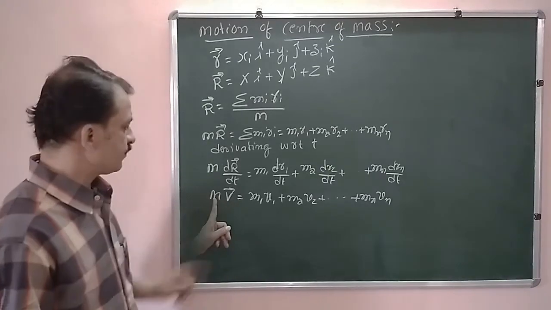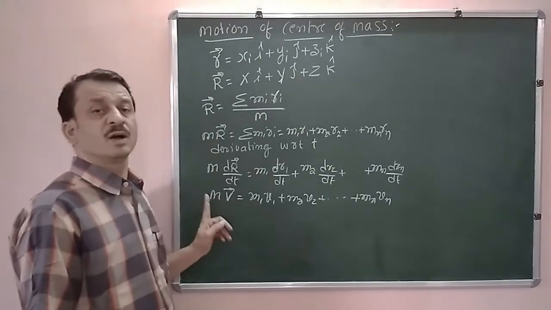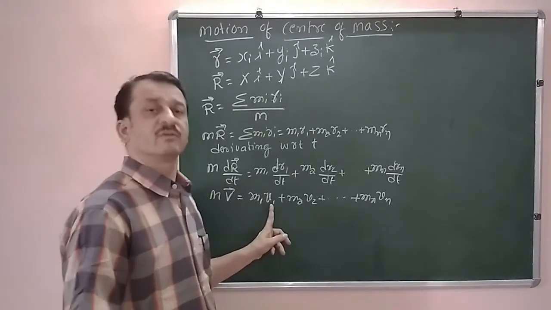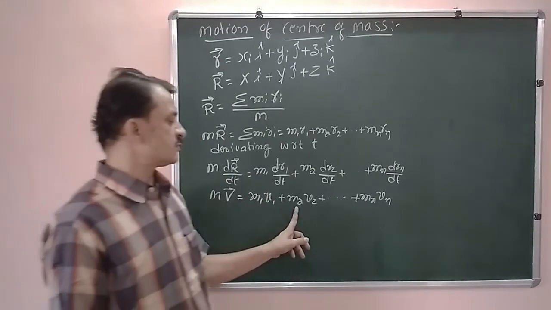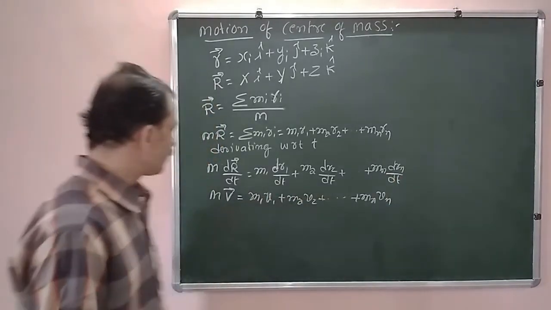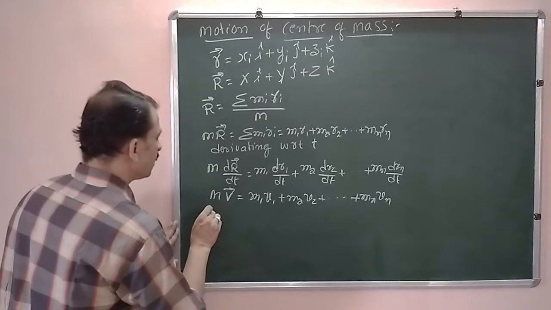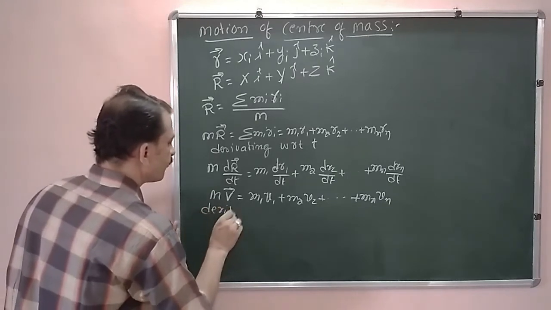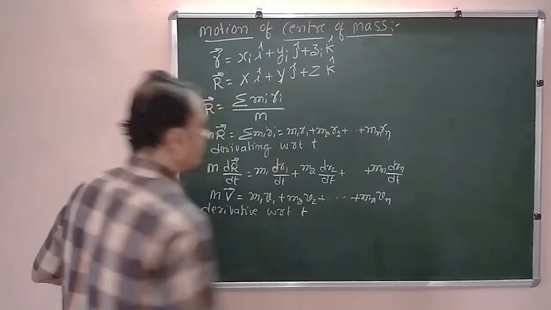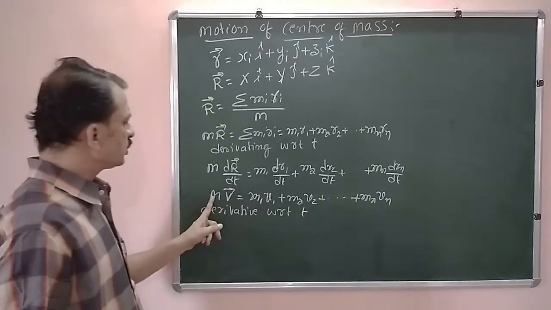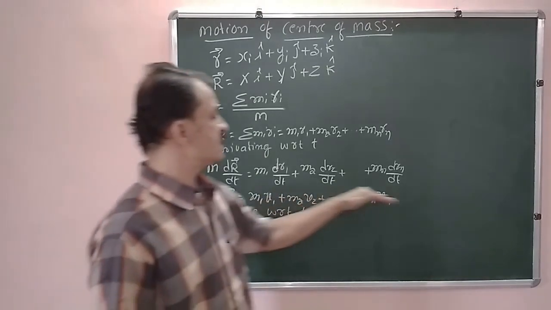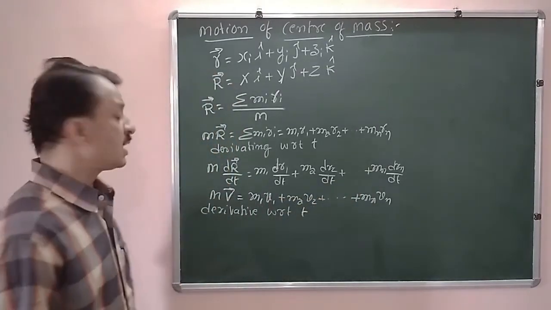What is M? The total mass of the system of particles. m1 is the mass of the first particle, v1 the velocity of the first particle. m2 is the mass of the second particle, v2 the velocity of the second particle, and so on. Now taking one more derivative with respect to time. We know that mass into velocity is nothing but the momentum. Now we can say this is the momentum of the center of mass.